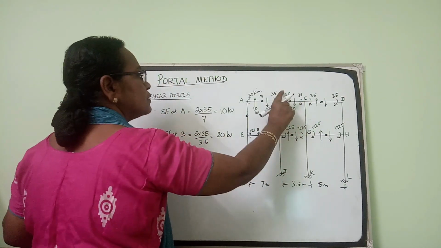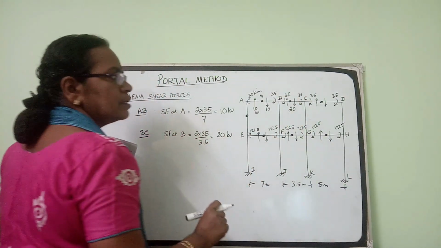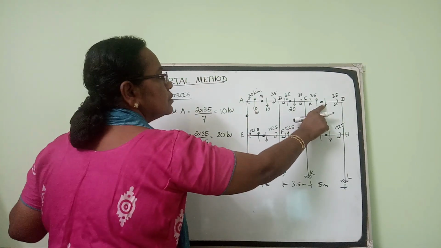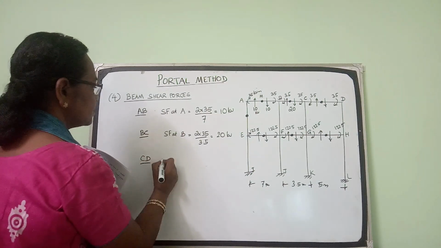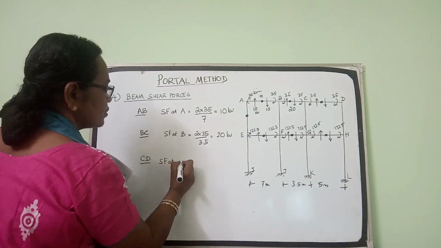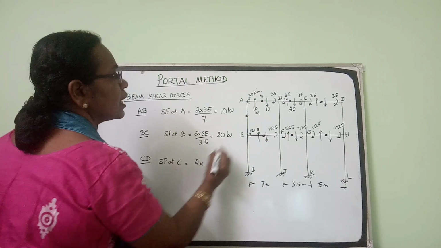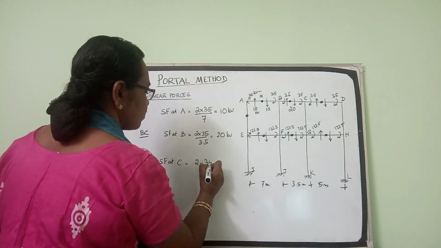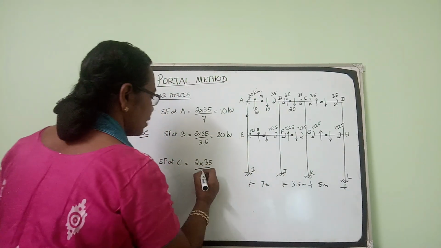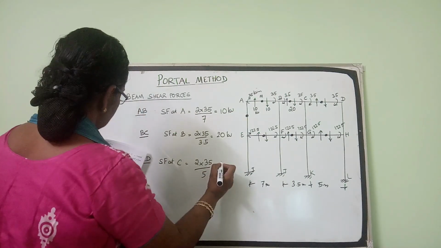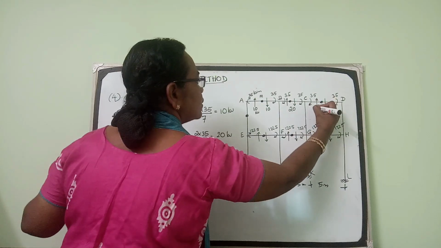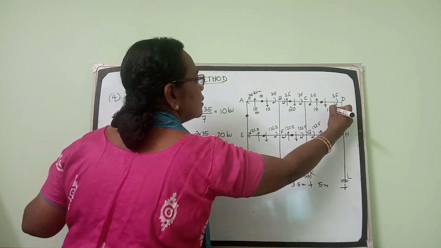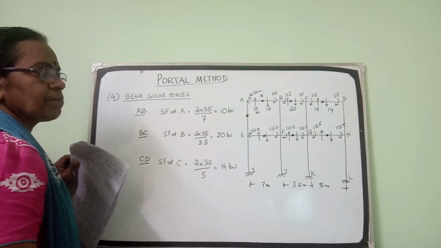If at B it is up, at C it will be down. Now coming to beam CD, shear force at C will be 2 times 35 divided by the span 5. So it is 14 kilonewton. So if this is 14 upwards on this side, it will be 14 downwards on the other side.